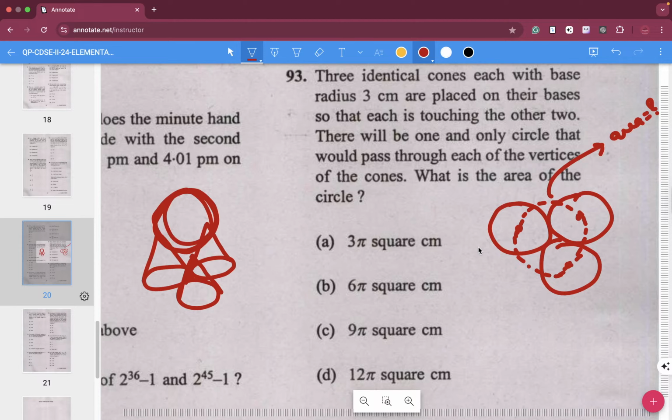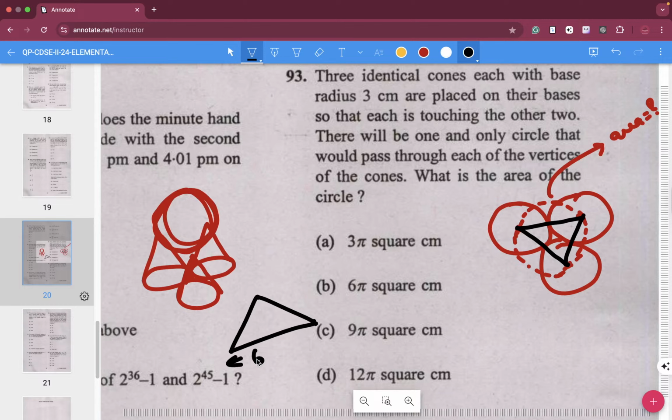Three identical cones, each with base radius, right? If we connect each of these base radii over here, then it will give us an equilateral triangle.